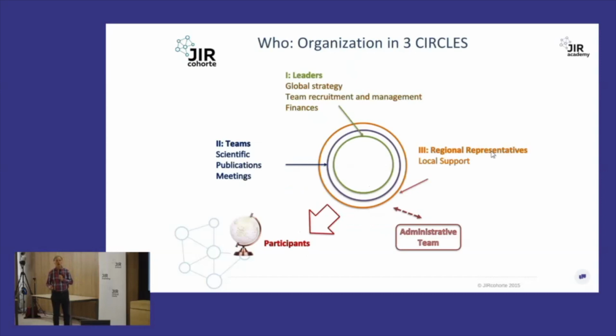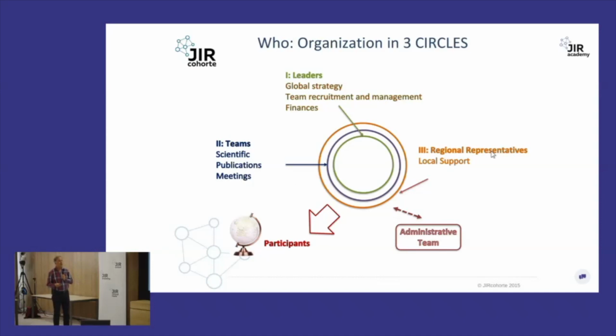Now, how are we organized? We are organized in 3 different circles. If you look at the first circle, they are leaders of the project. They are responsible for the global strategy, team recruitment and management, and also the finances and the sponsoring.